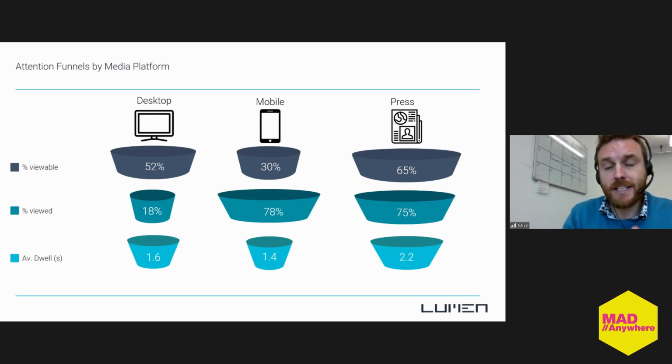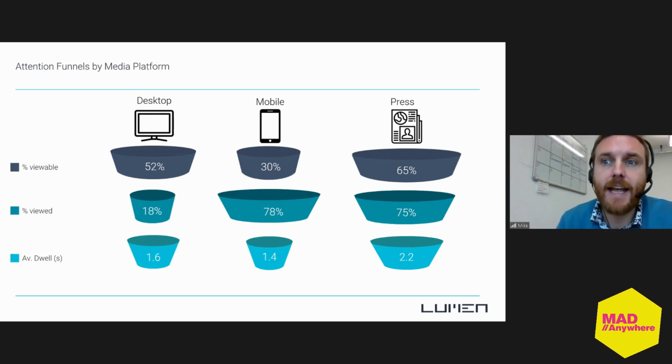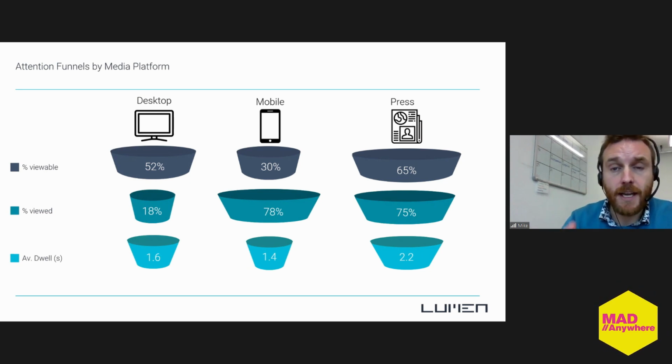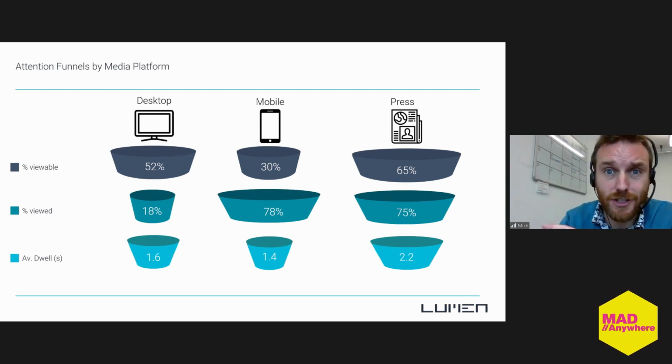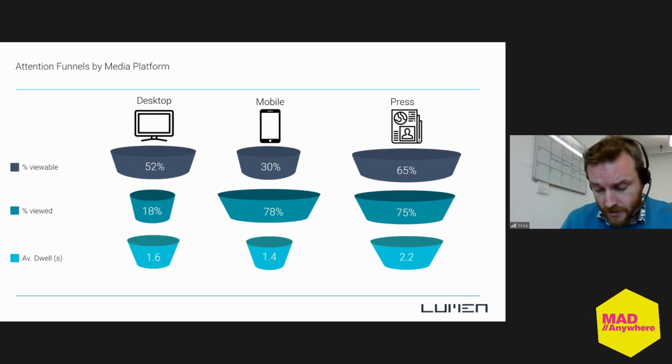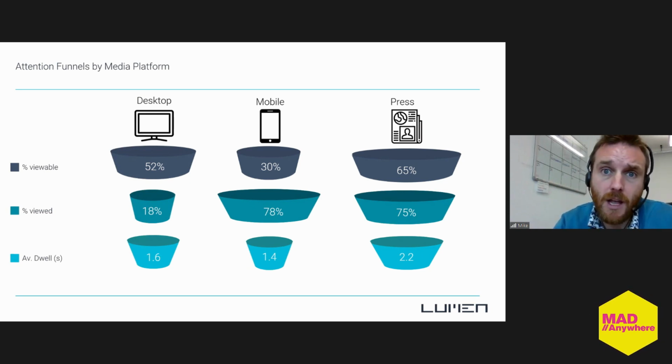Because the ad is there for a long time, because you're reading the article around it, the viewable time for press ads is much, much greater than for desktop and mobile, and therefore the dwell time is much greater. Ironically, press ads, which are often the simplest and easiest to consume, get the longest dwell times. So it's a useful thing for understanding the differences between media. What are you actually getting from it?